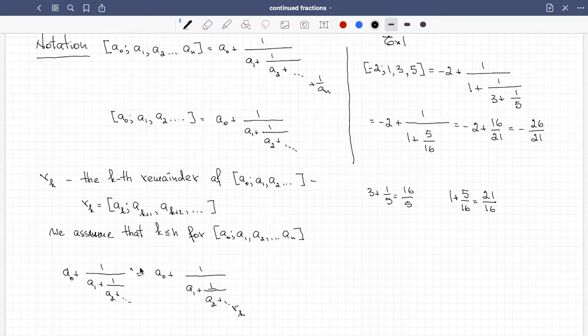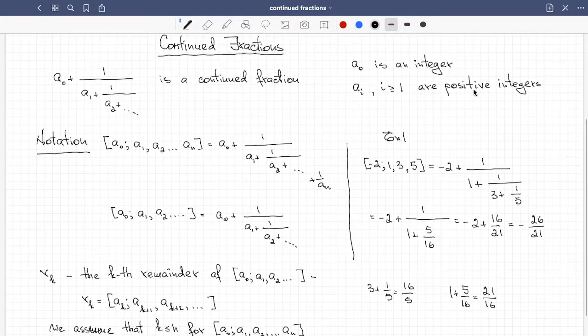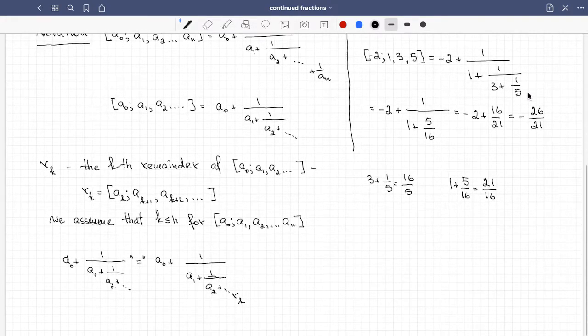I'll put quotation signs because this is true at least for finite continued fractions. At the same time, I put quotation signs because this one actually does not fit our definition. We wanted all of them to be positive integers. The remainder is positive, but most probably is not an integer.